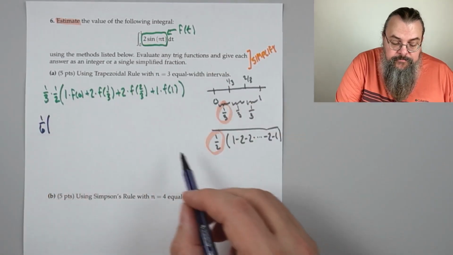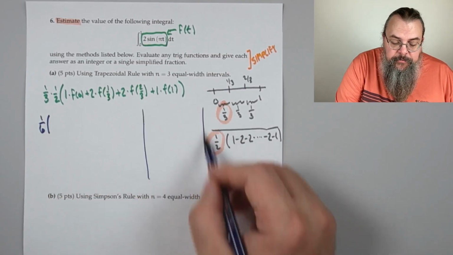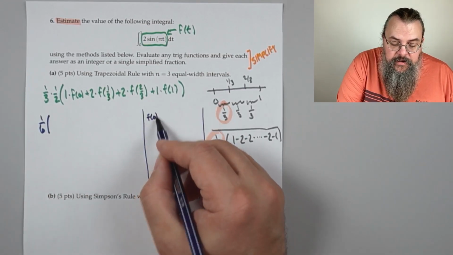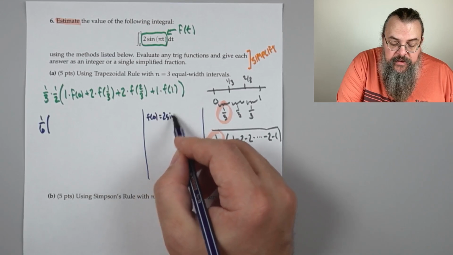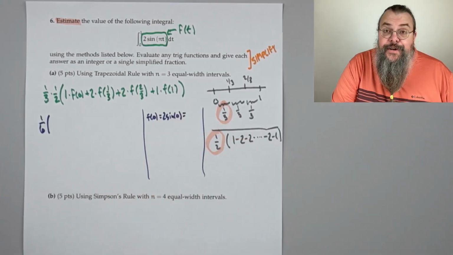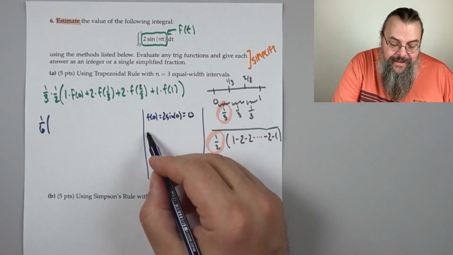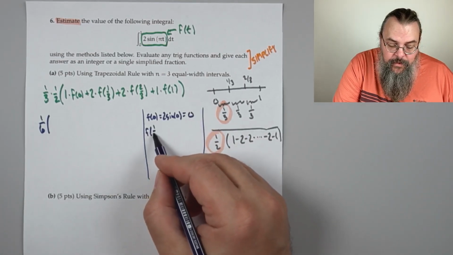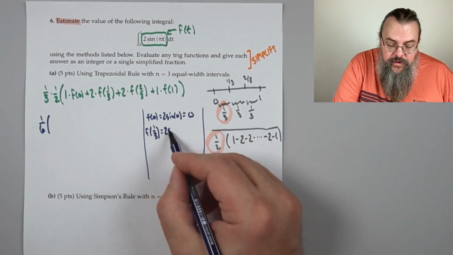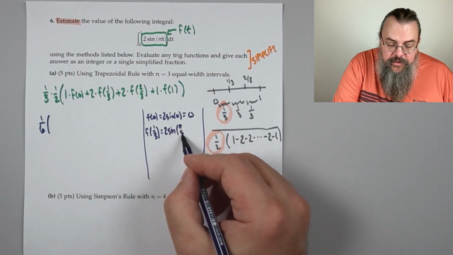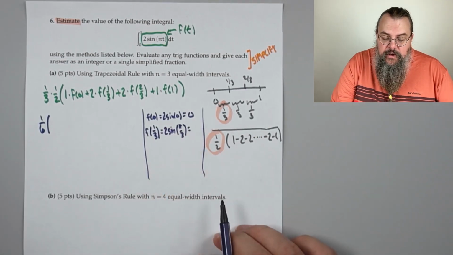F of 0, that's 2 sine of 0. Sine of 0, 0. Okay. F of 1/3, that's 2 sine of pi thirds. Well, all right, unit circle.